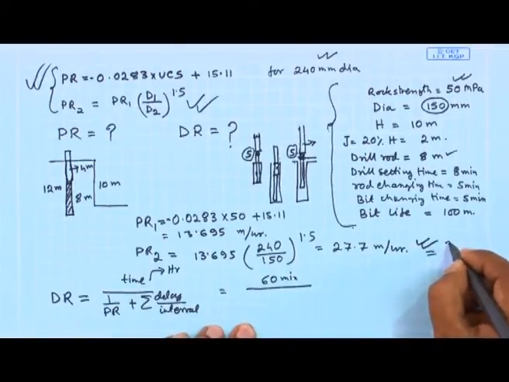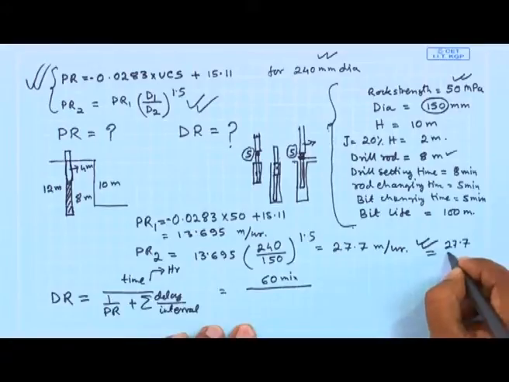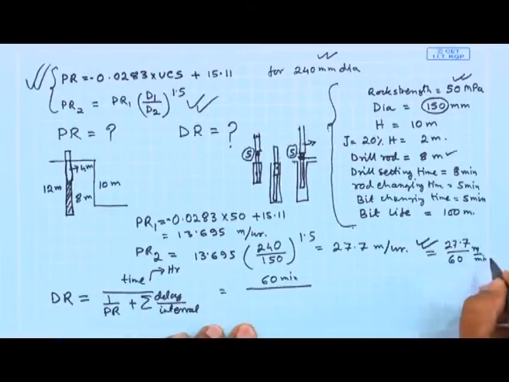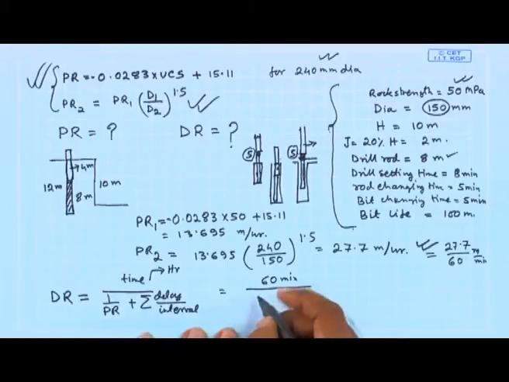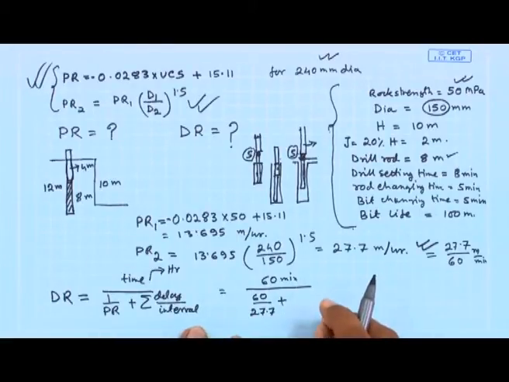That means, it may be considered 27.7 divided by 60 meter per minute. So, we are basically converting it into the same scale. So, it is 1 by PR. So, 1 by 27.7 by 60. So, that means, we can consider it is 60 by 27.7 plus summation of the delays.